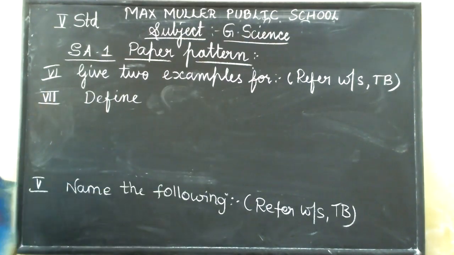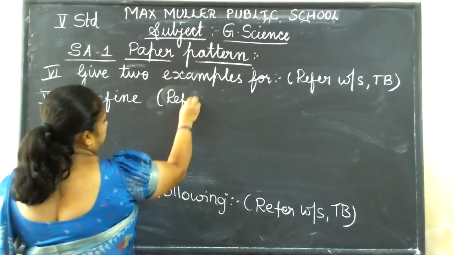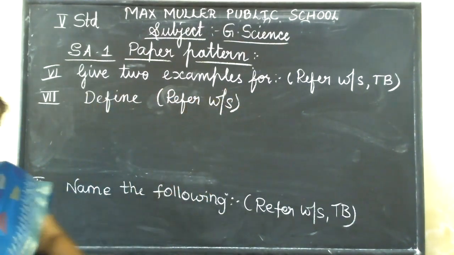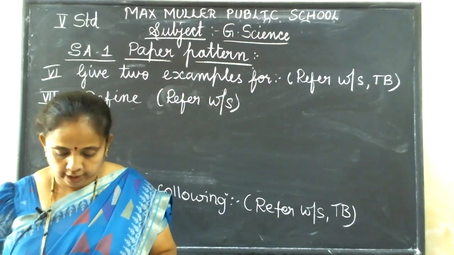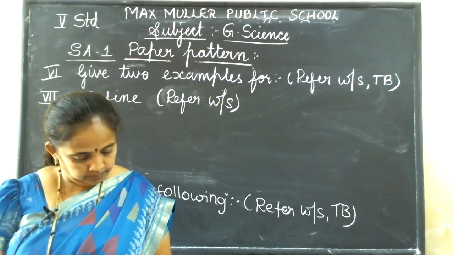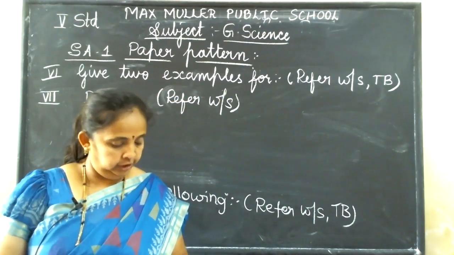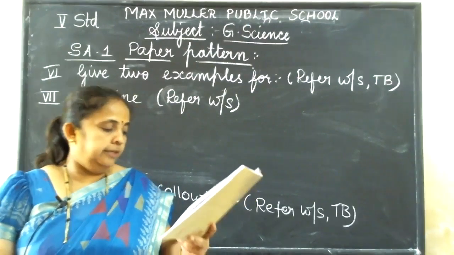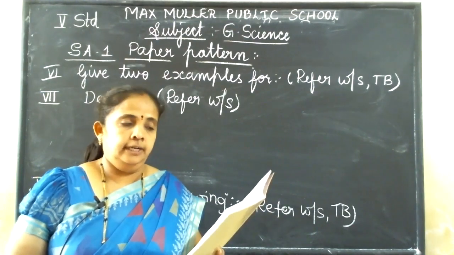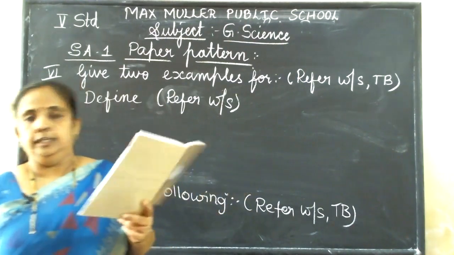Define the following terms. Refer to the worksheet. You have it in July, I think. Germination: the process by which a seed changes into seedling. Second, fertilizer: a chemical added to the soil to improve its fertility.